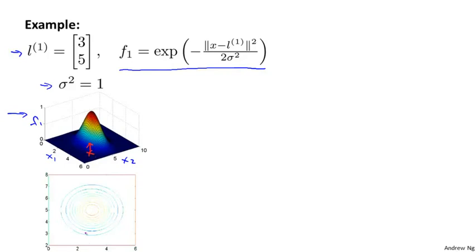And down below is the same figure shown using a contour plot with x1 on the horizontal axis and x2 on the vertical axis, so this figure on the bottom is just a contour plot of this 3D surface.